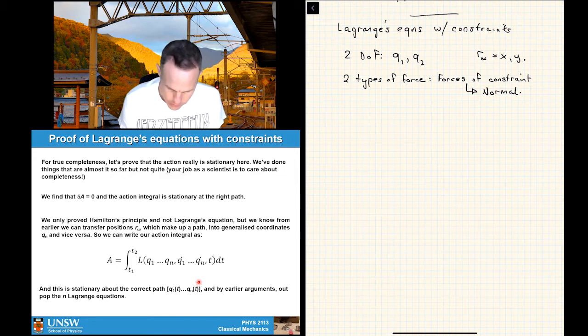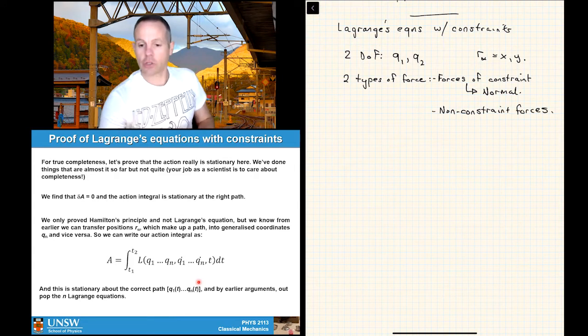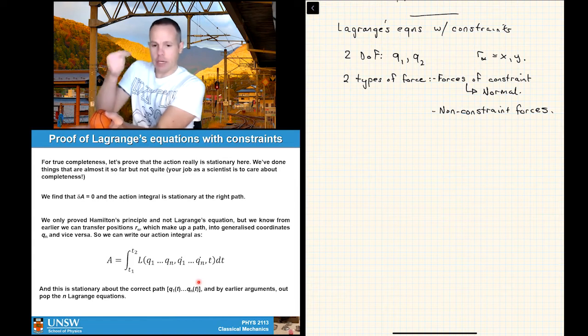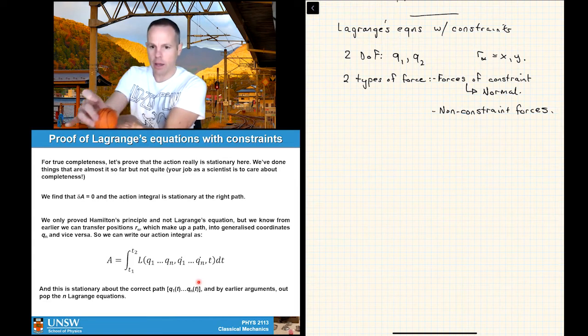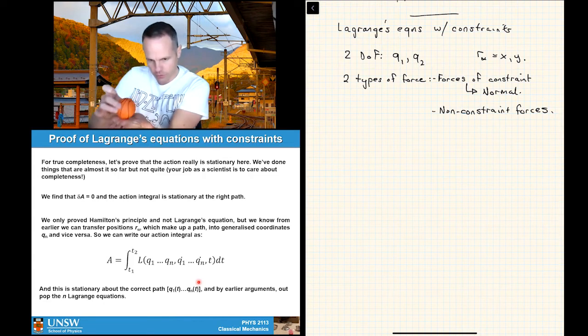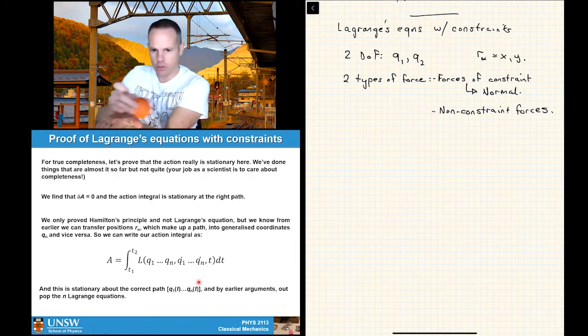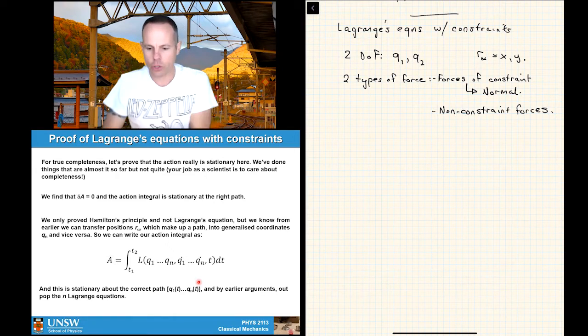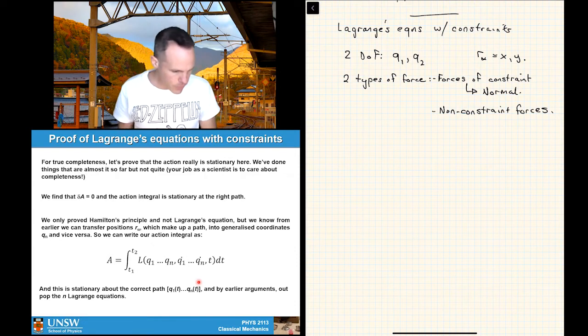And there's also non-constraint forces. And so the non-constraint force is easy to see here. It might be just me giving this a push, and that means that the motion just goes in that direction. Okay, so they're the non-constraint forces. They're the ones that act to give you a motion rather than act to constrain a motion in some direction.